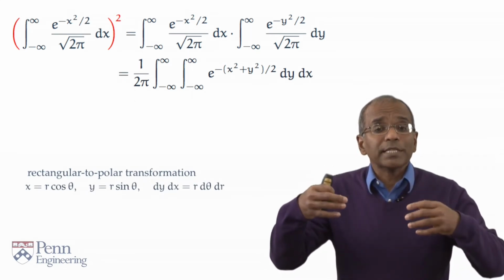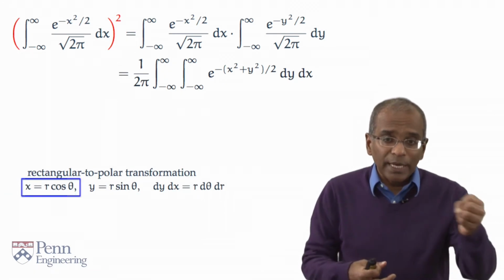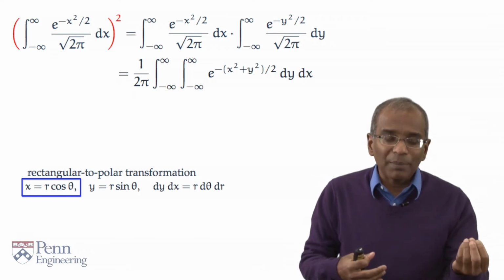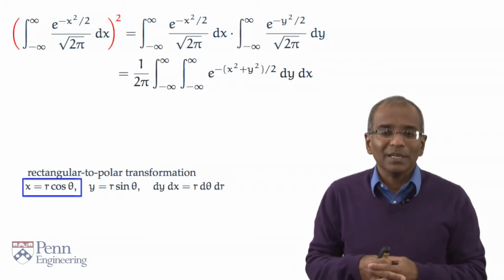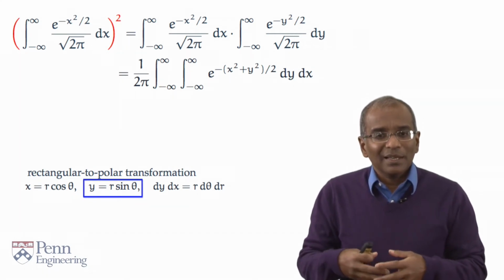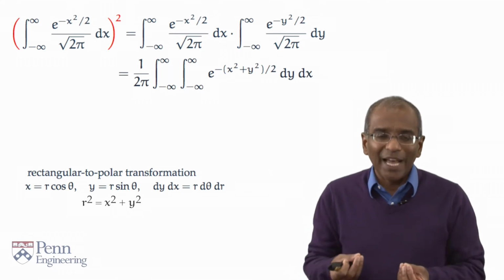If you look at a rectangular to polar transformation, then you replace the coordinate x by r times cosine of theta. R is a radial parameter, theta is an angular parameter. Y then will be r times sine of theta. Then you find that r squared is exactly x squared plus y squared.